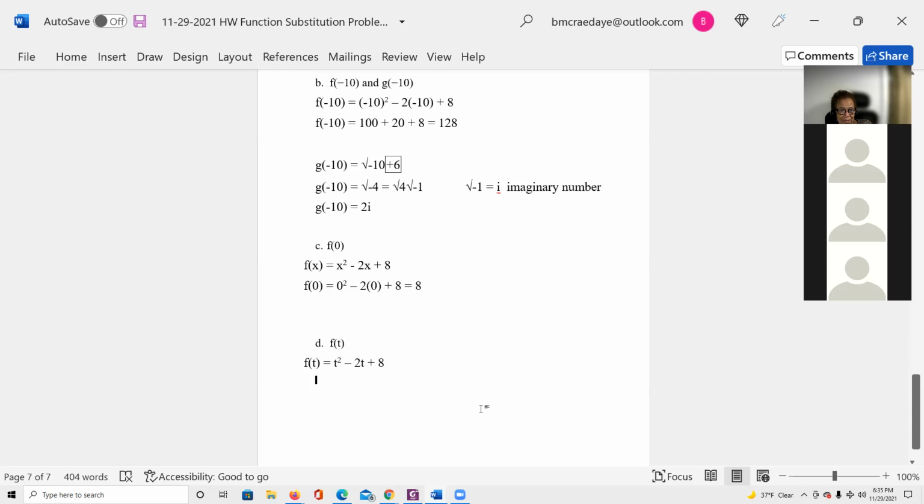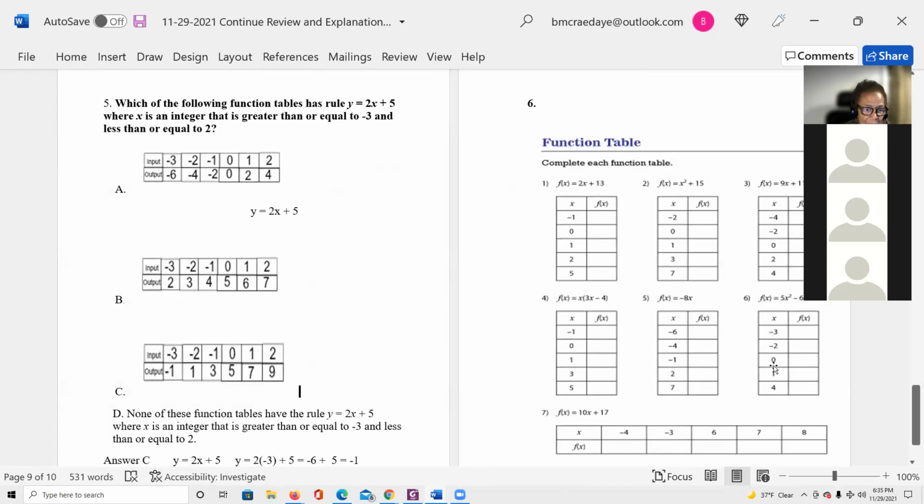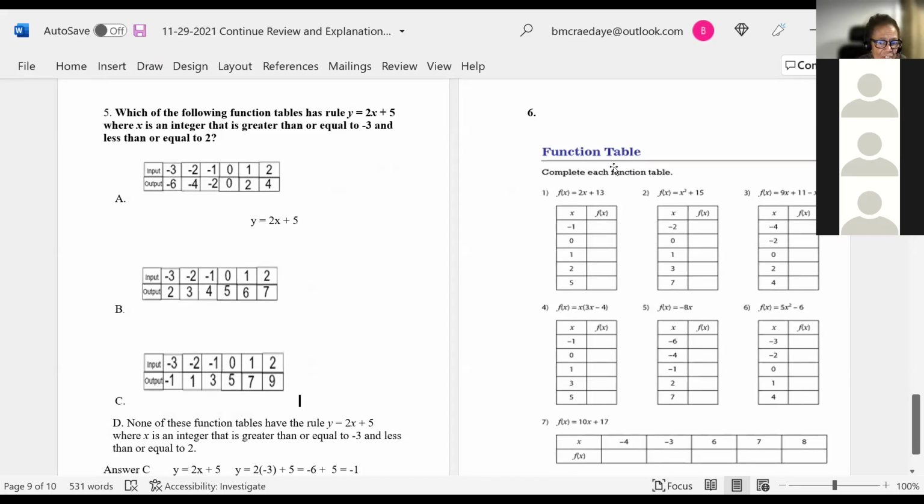Okay. That's right. Now let me do a new share. Okay, you see this function table? Yeah. Okay, so the F of X is the output.